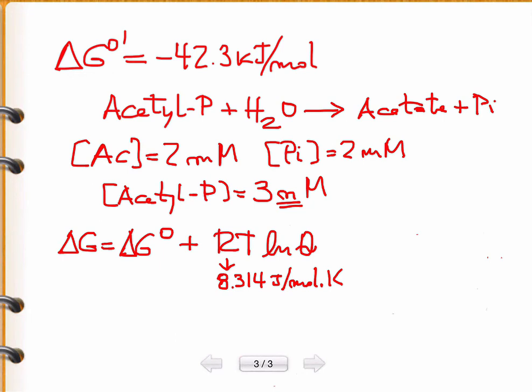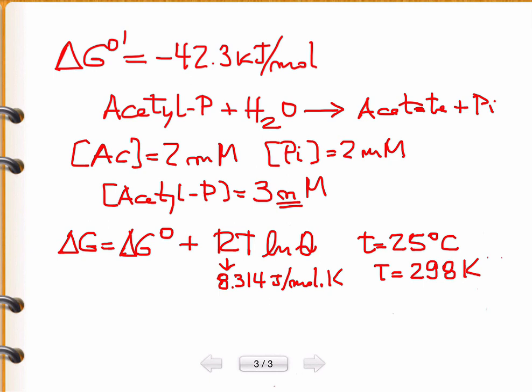We don't know the temperature, it was not given in the problem, but when it's a situation like that, we assume that's room temperature, and the room temperature is assumed to be 25 Celsius. So in that case, the temperature for this problem would be 298 K.